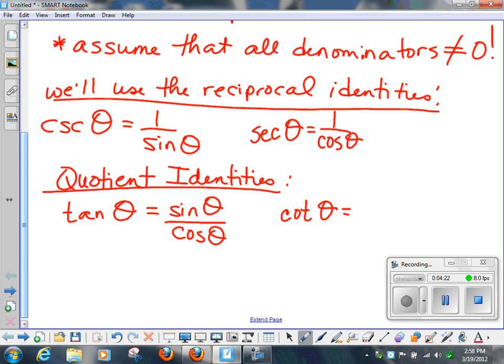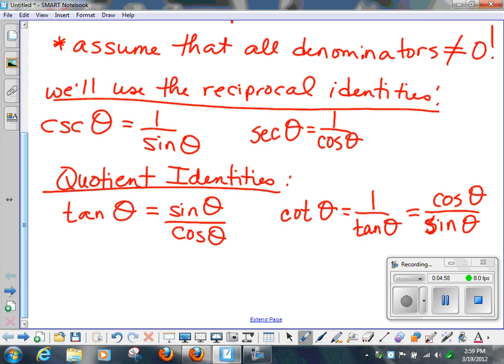Cotangent of theta, of course, is the reciprocal of what? Well, cotangent would be 1 over tangent. You're right. But isn't that also, if it's the reciprocal of tangent, and if tangent is sine over cosine, then won't cotangent be cosine over sine? Ooh, it's an ugly looking S.